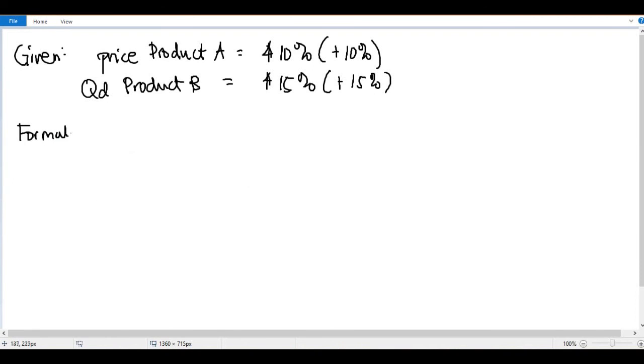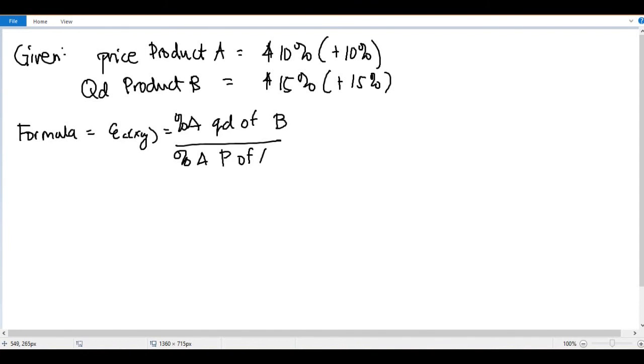So, formula for cross-elasticity, you have EC or EXY. EXY is equal to percentage change in QD of B, kasi yun lang given, and percentage change in price of A. Substituting, you have 15% divided by 10%.